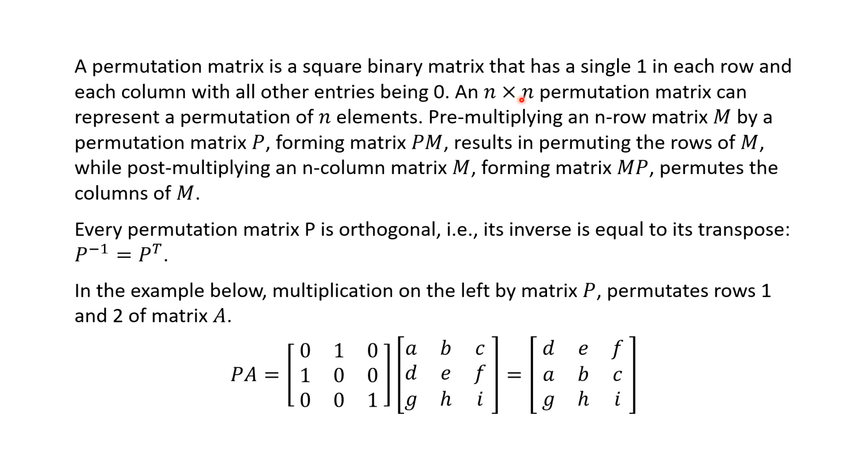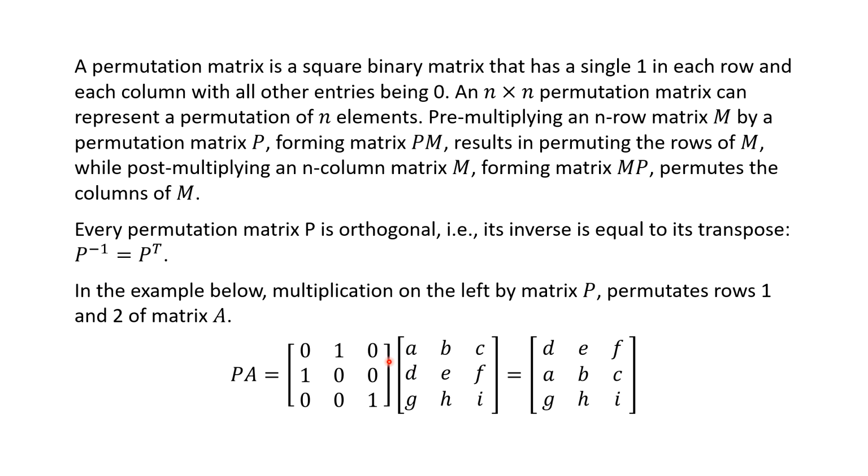An n by n permutation matrix can represent a permutation of n elements. Pre-multiplying an n-row matrix M by a permutation matrix P, forming the matrix PM, results from permuting the rows. We saw this before. While post-multiplying an n-column matrix M, forming the matrix MP, permutes the columns of M. Every permutation matrix P is orthogonal, i.e. its inverse is equal to its transpose. Okay, that's a new result. I don't believe I mentioned that before.